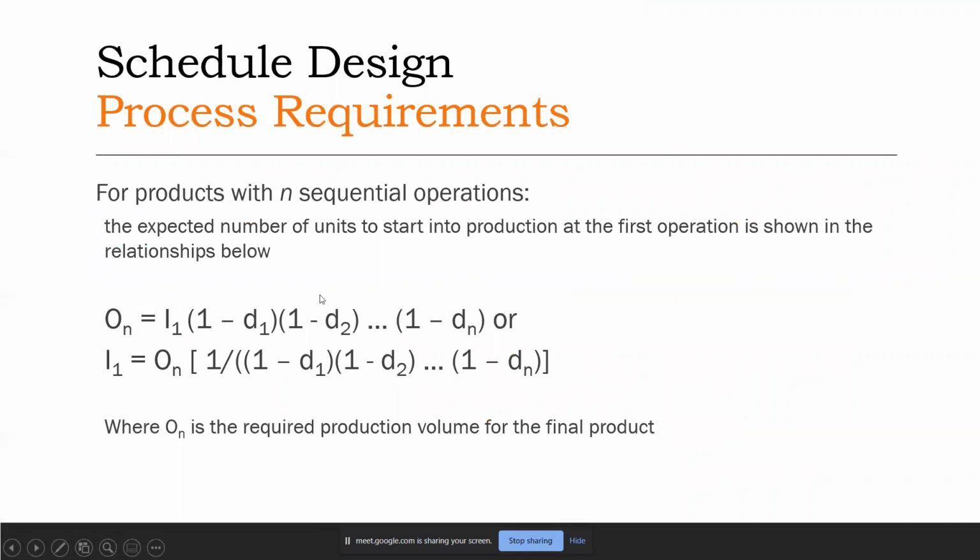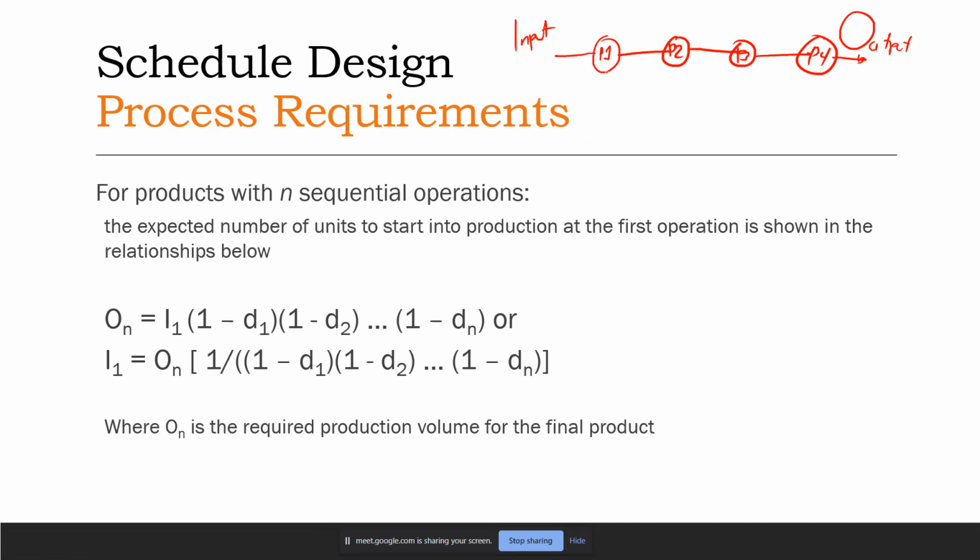Okay? So ngayon, if your product requires sequential operations, halimbawa po, we have multiple processes. Process 1, process 2, process 3, process 4. And then at the end of process 4, you need a certain output. The question is, gaano karami yung input mo?